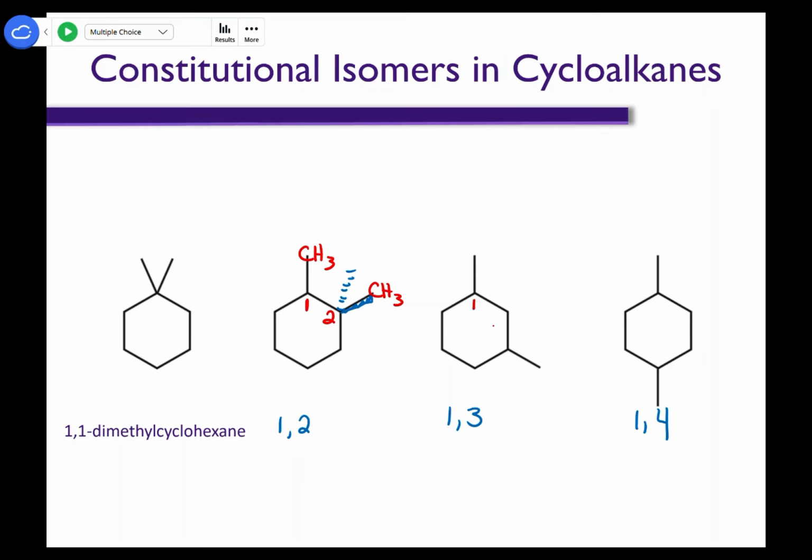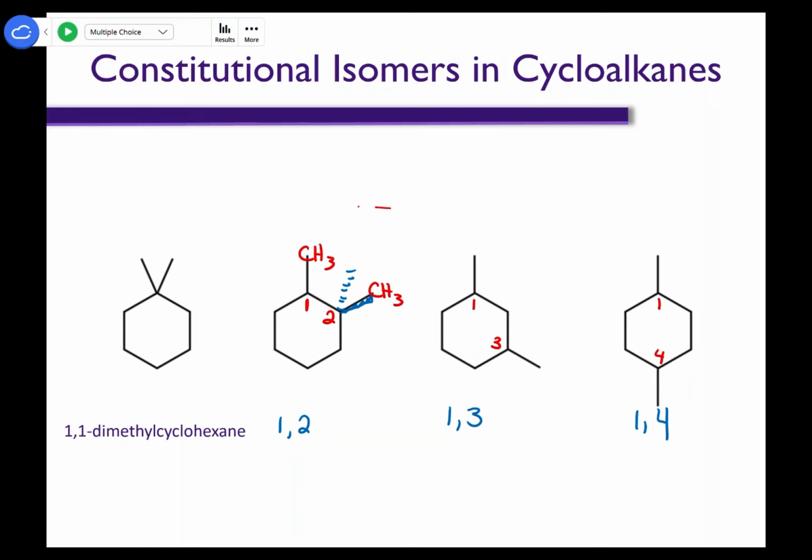Or we could move that extra methyl group from carbon 2 to carbon 3, or move that methyl group to coming off of carbon 4. 1,1, 1,2, 1,3, 1,4, they all have the same molecular formula, but they have different connectivities. The substituents are arranged in a different order. These are constitutional isomers because they have a different connectivity.